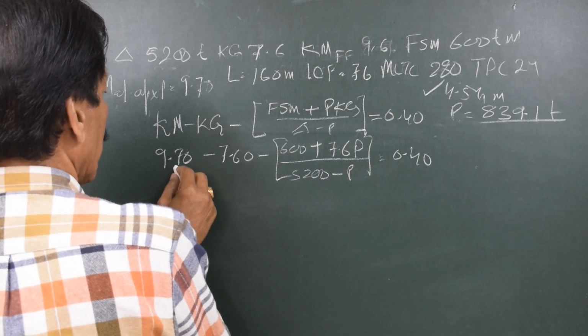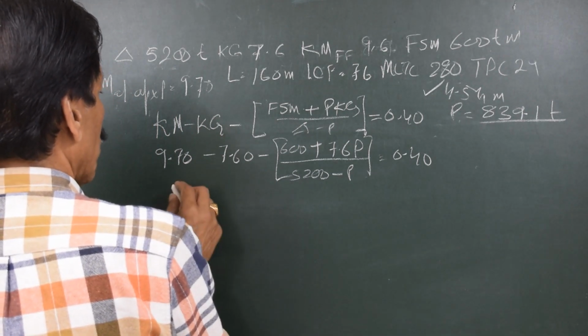Now this one is 9.7 minus 7.6, that is 2.1.